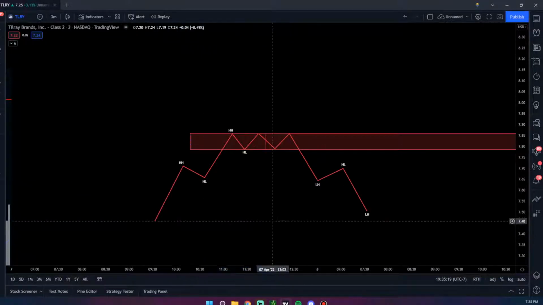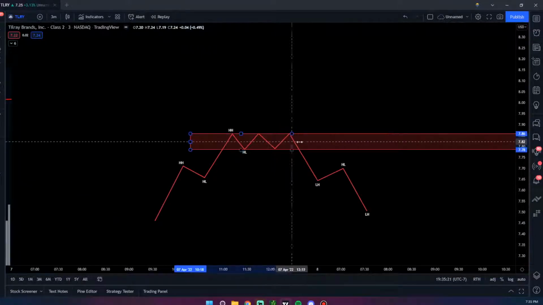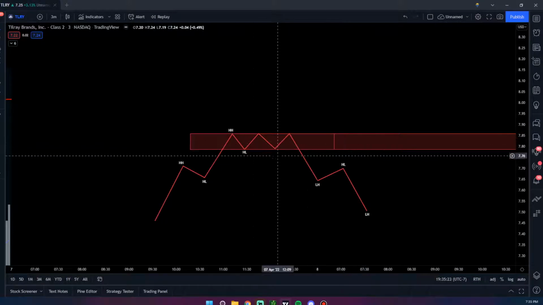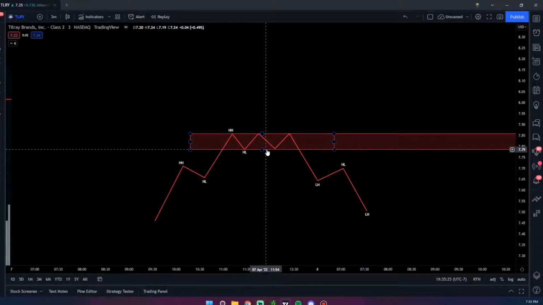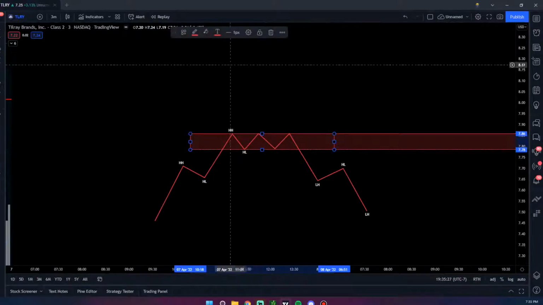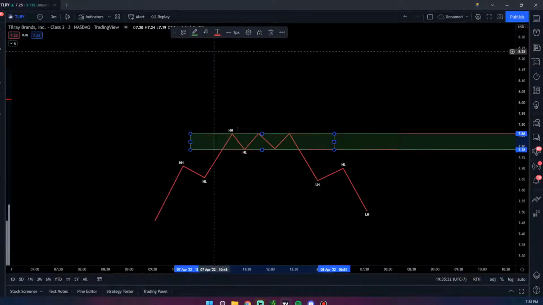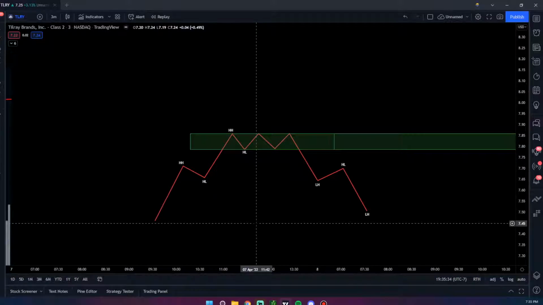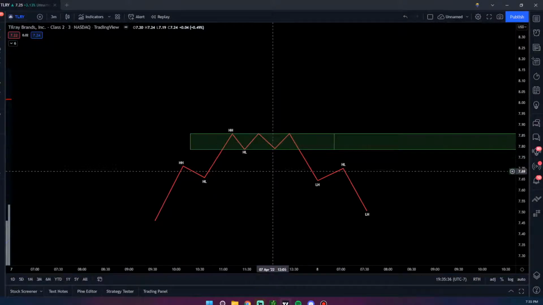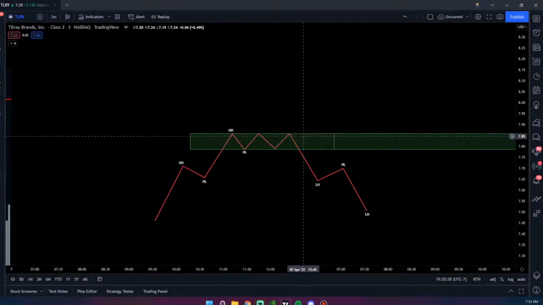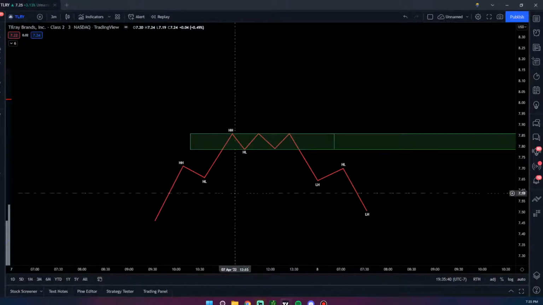Okay. So once you recognize that you have consolidation here, you're going to draw a rectangle around it. And again, the color is indifferent, but I'm very OCD. Plus this will be easier for you guys to see.